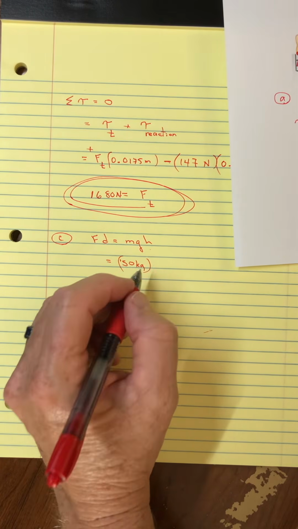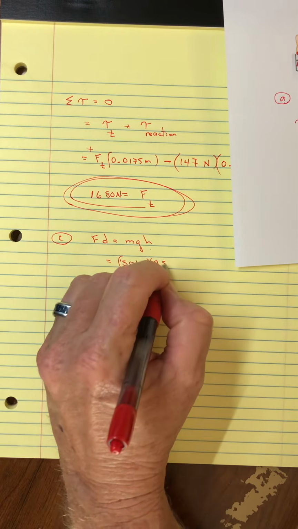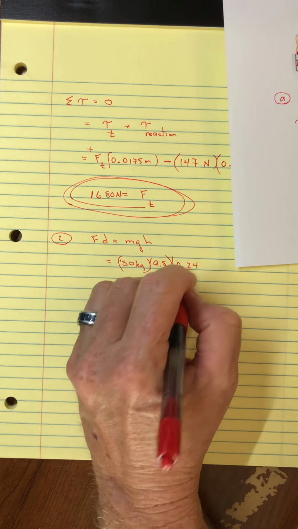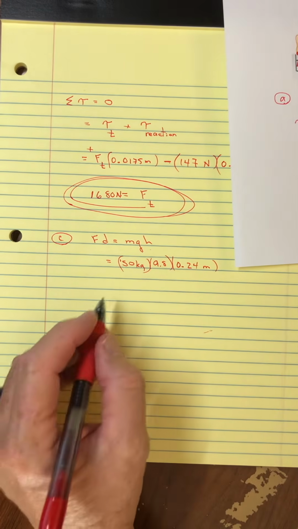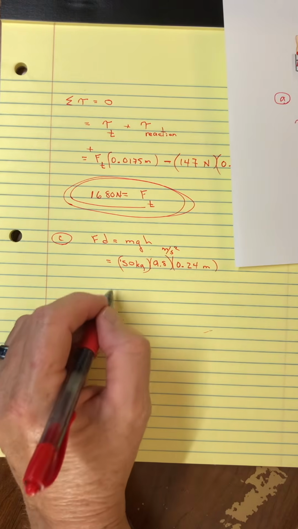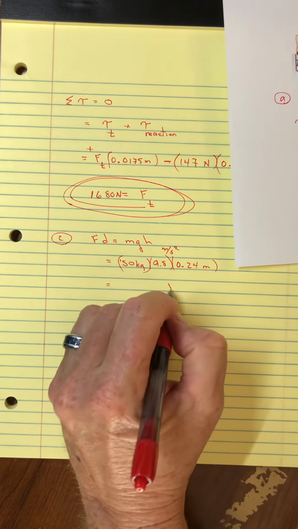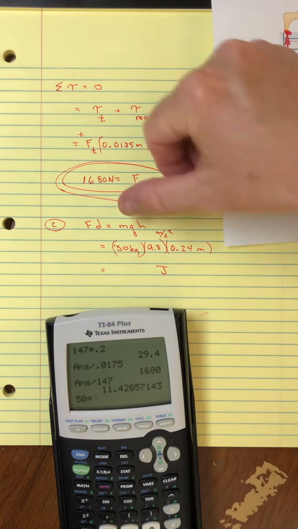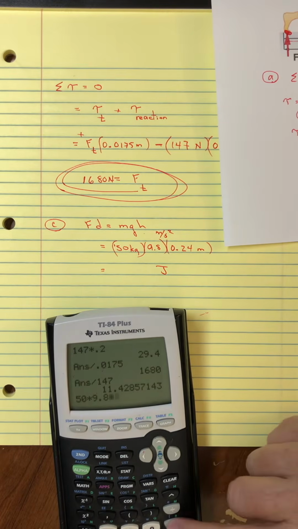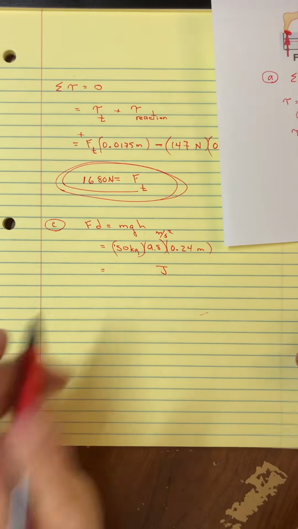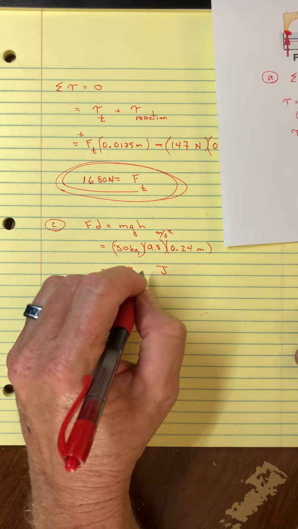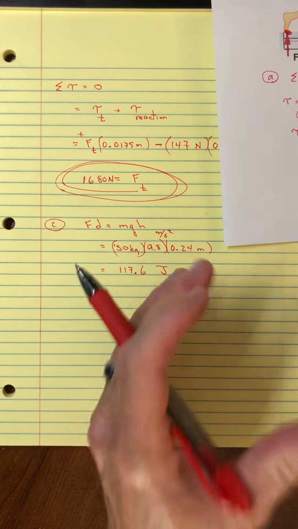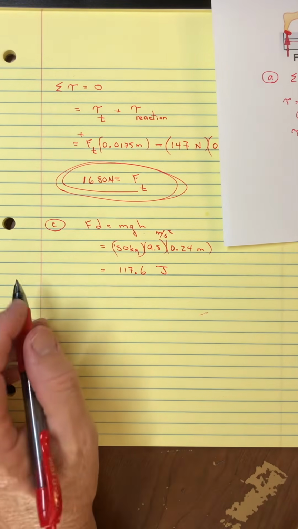So she's lifting the weight of her body, 50 kilograms times 9.8, about 24 centimeters, so 0.24 meters. If I put in all my units, I will get a newton times a meter, which then is a joule. So here I have 50 times 9.8 times 0.24. And so every time she does a push-up, she gives herself 117.6 joules of gravitational potential energy.